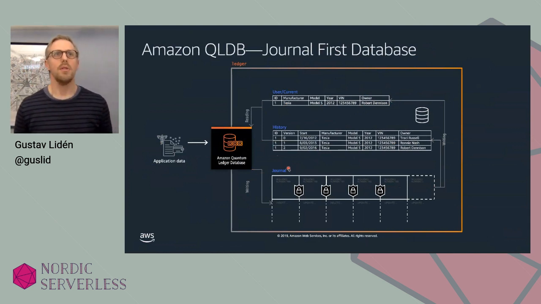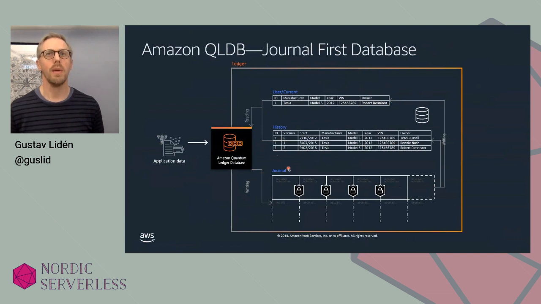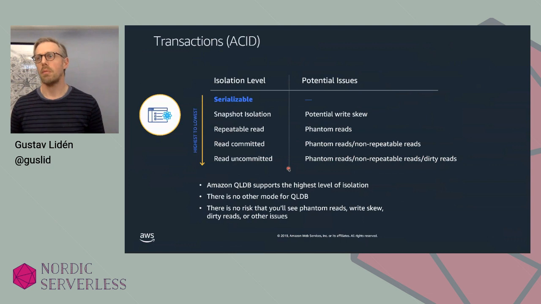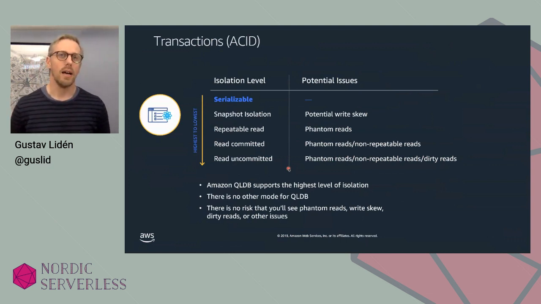So to describe QLDB a bit further, we like to just point out some different high-level attributes of QLDB. First one, when working with it, you probably come to think about transaction and transaction isolation. For QLDB, it's a simple choice. There is only one choice, and that's the highest serializable level usually available for databases, called serializable.